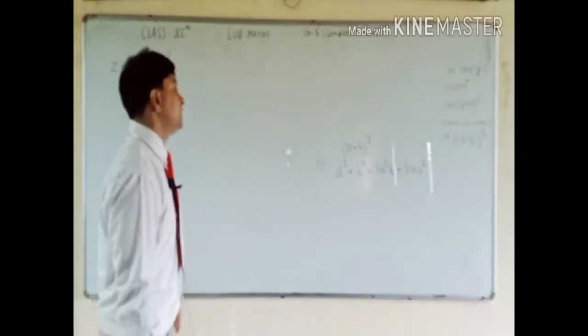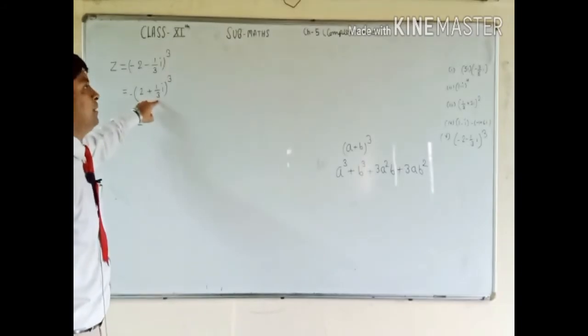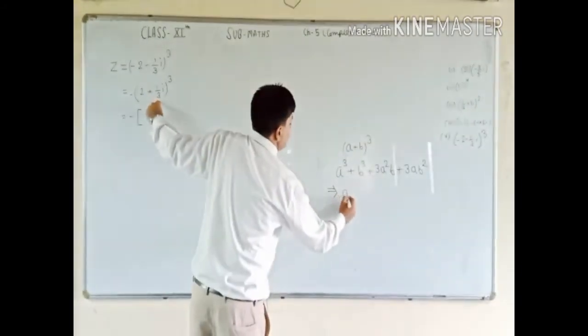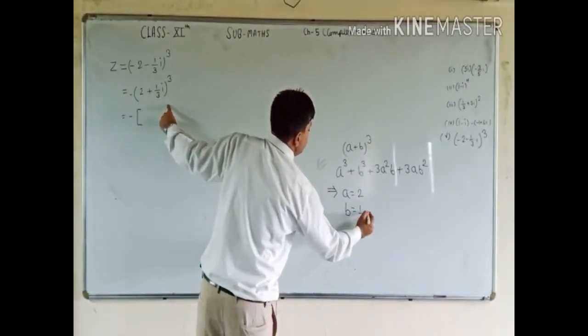Okay students, where a is 2 and b is 1 upon 3 iota.